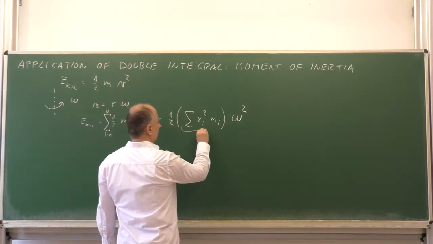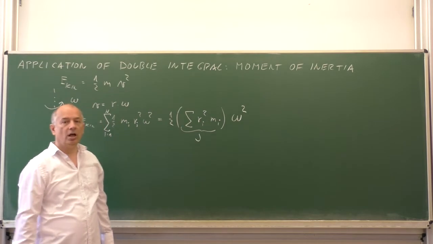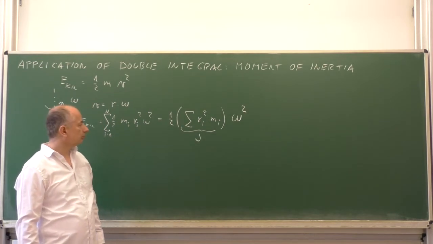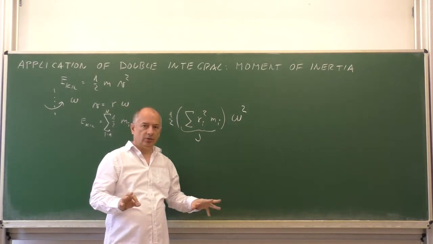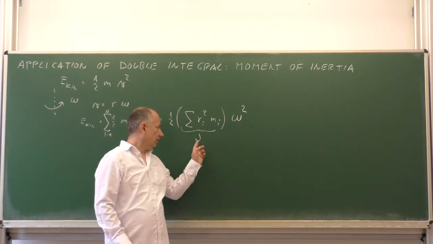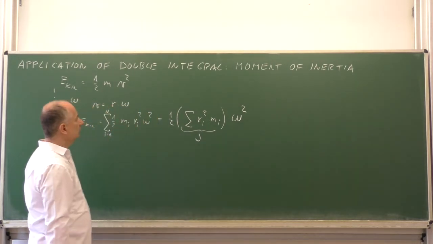And this quantity is denoted by J, and it is called moment of inertia. Not to be confused with the Jacobi matrix of first partial derivatives. The same letter for two different meanings, not to be confused.